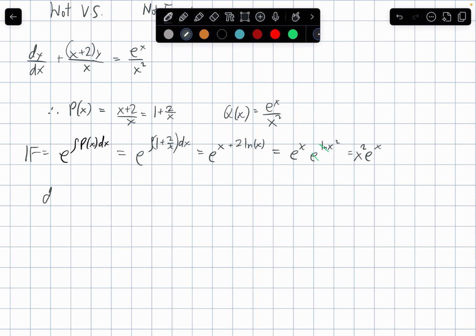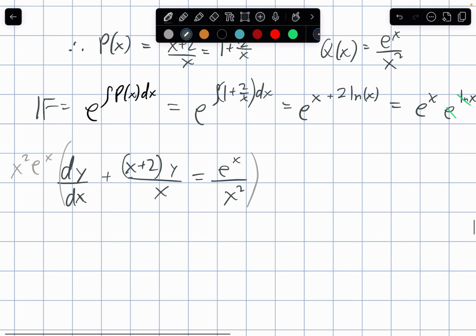What's next? Okay, bring back the standard form. It's time to start multiplying it by the integrating factor. So what is it again? x squared e raised to x.